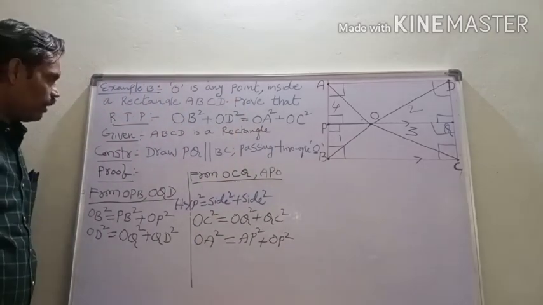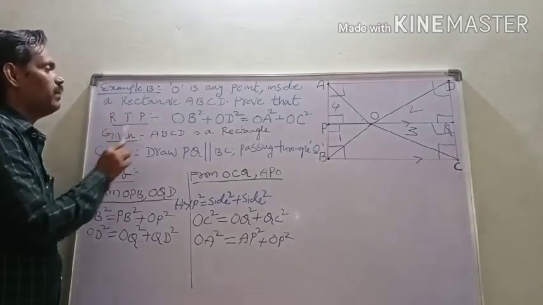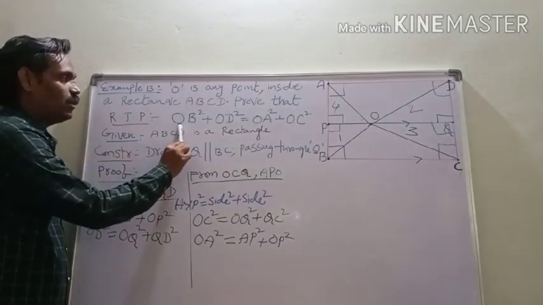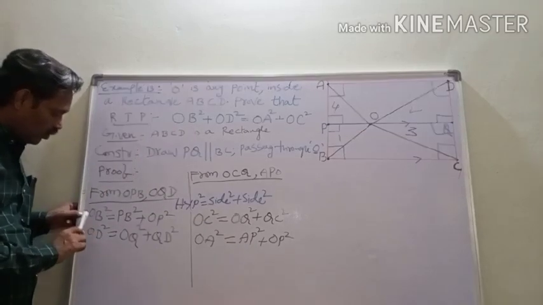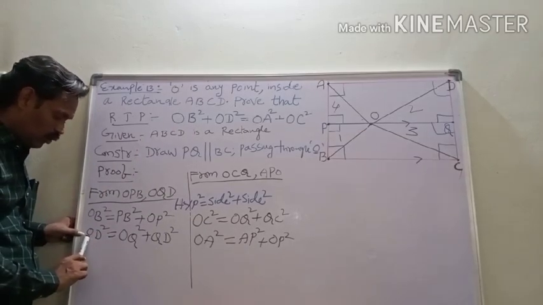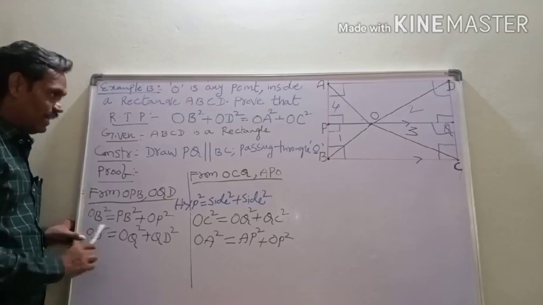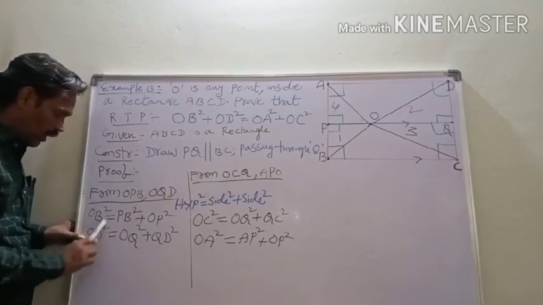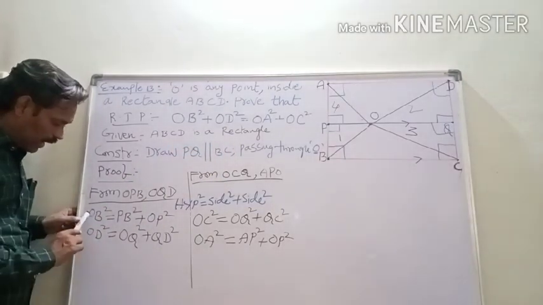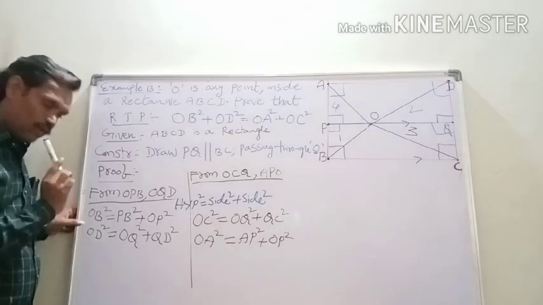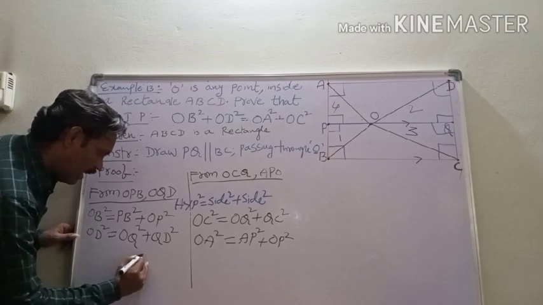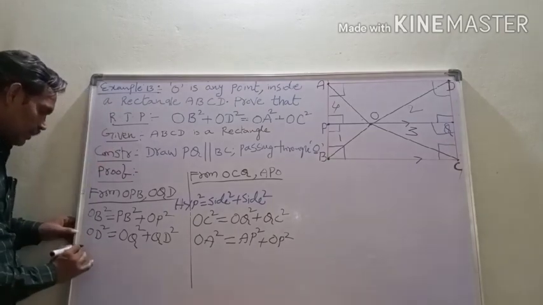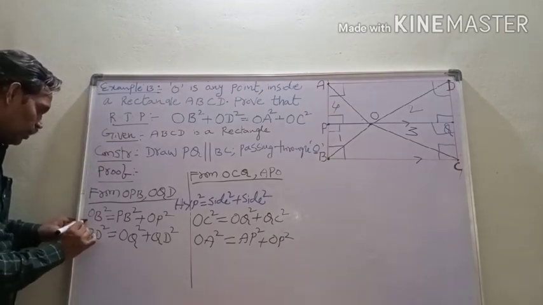Now, if you go through the RTP, the LHS contains OB square plus OD square. Here we have OB square individually, and OD square individually. For getting the LHS, what we have to do? We have to add both OB square and OD square. If adding, you write plus here.